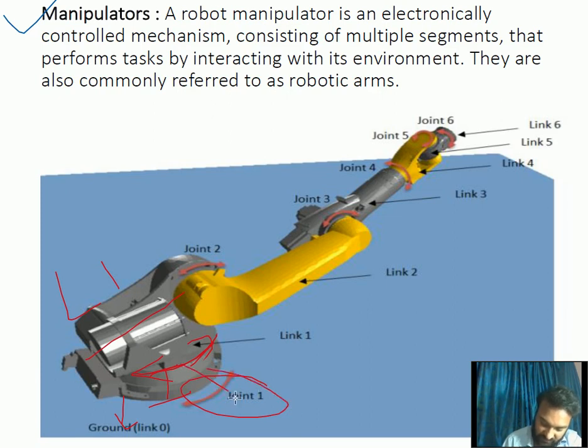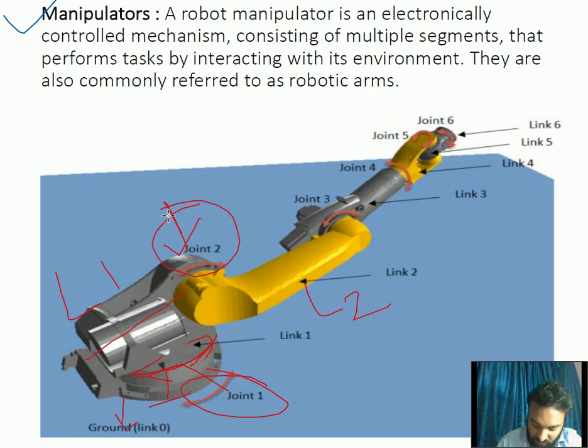Again, link 2 is connected here. Here it is again rotating type. If this one is joint 1, this will become joint 2.